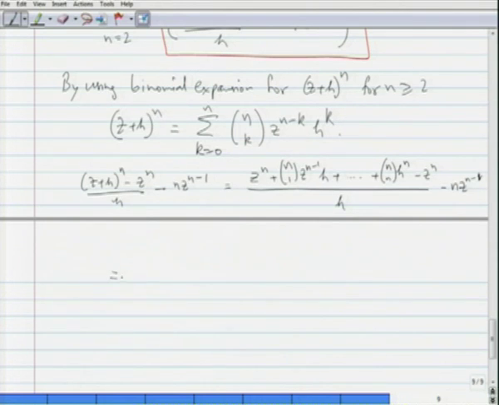So, the z power n's cancel, and then I can divide the expression in the numerator by h. I can cancel one factor of h, since h is not equal to 0.